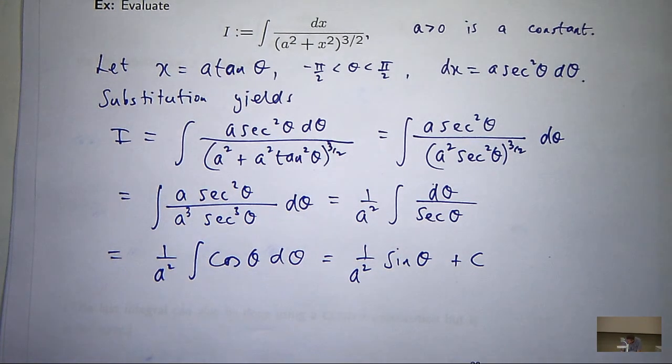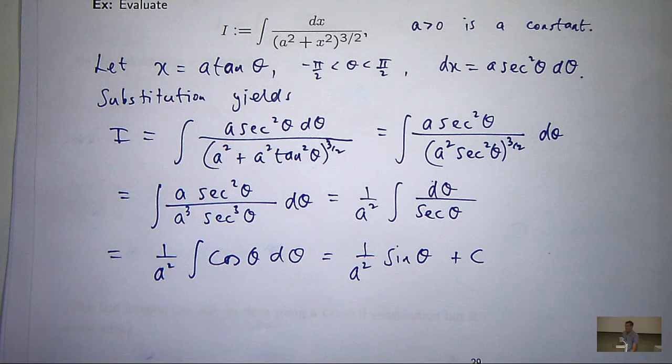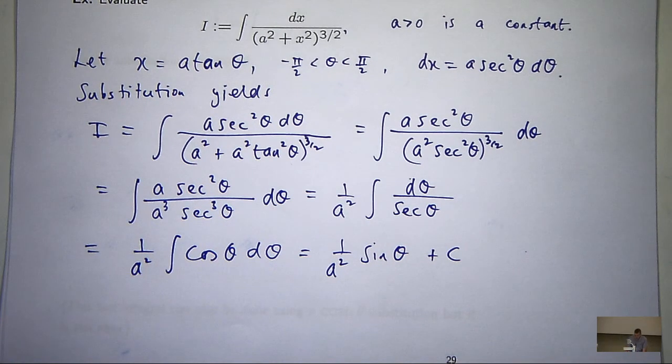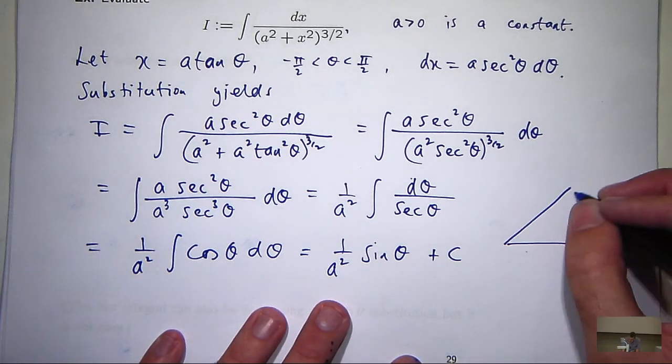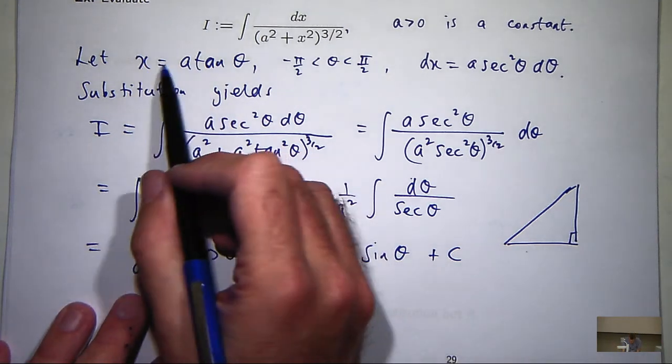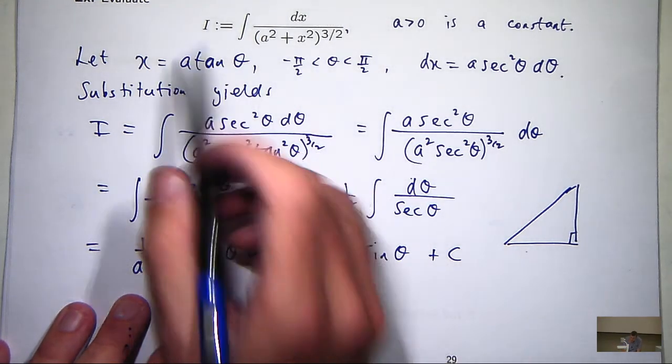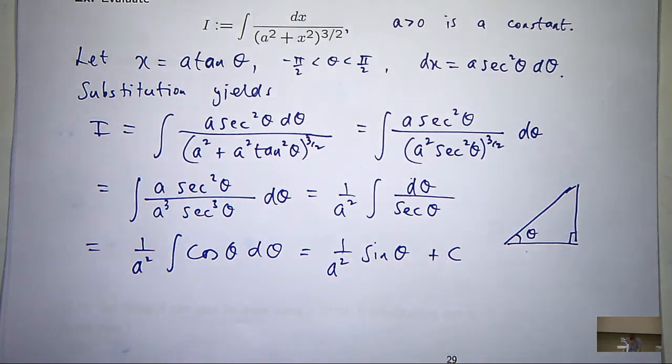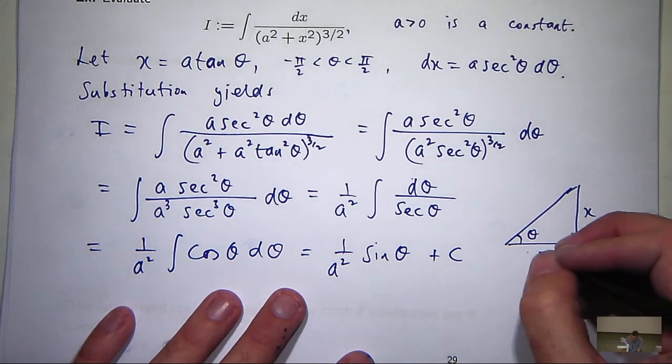So all I need to do to work out the hypotenuse is use the standard Pythagoras theorem. So from this right-angled triangle, I can now calculate sine theta. All right, so what's sine theta going to be? It's opposite over hypotenuse, right? So x on root x squared plus a squared plus the constant of integration.